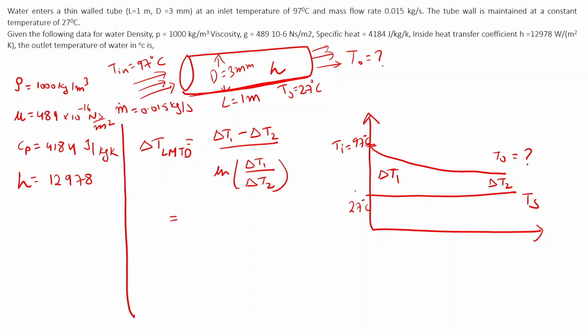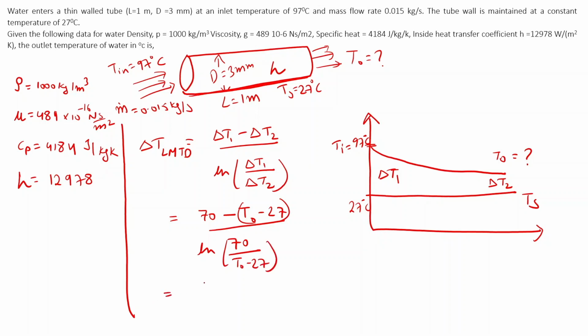Delta T1 will be 97 minus 27, that is 70, and delta T2 is T out minus 27.